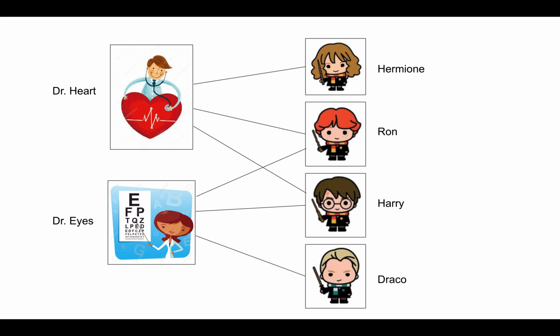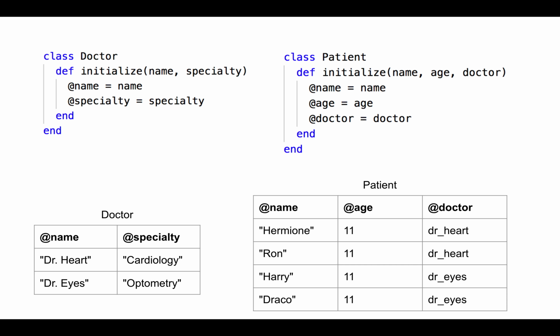Other patients might only have one doctor, but a patient can have many doctors. And at the same time, a doctor can have many patients. So what is this going to look like in code? Well, let's try this. Before, if we had a patient belongs to a doctor, we say, okay, you know what? It's the job of the patient to keep track of its doctor in an instance variable.